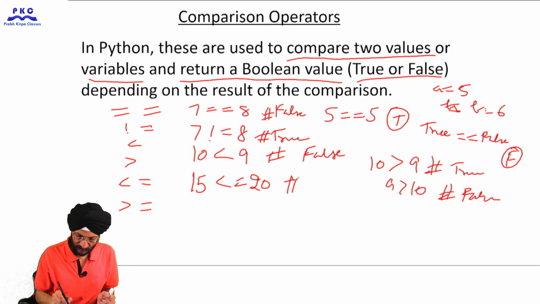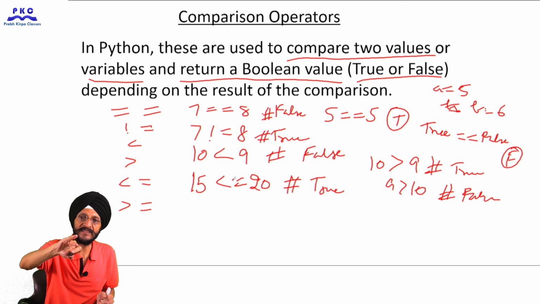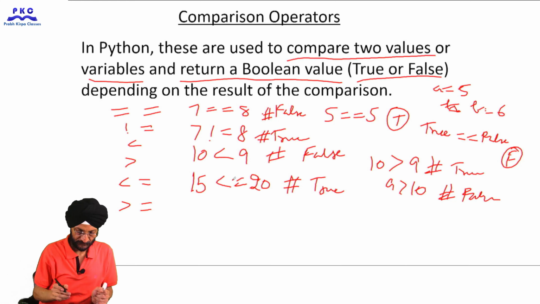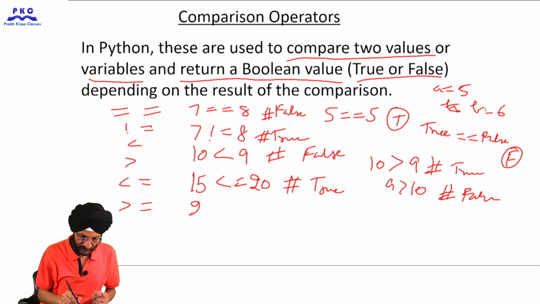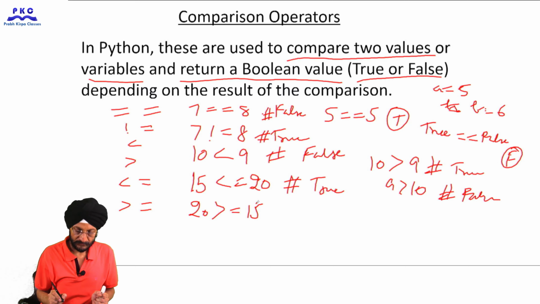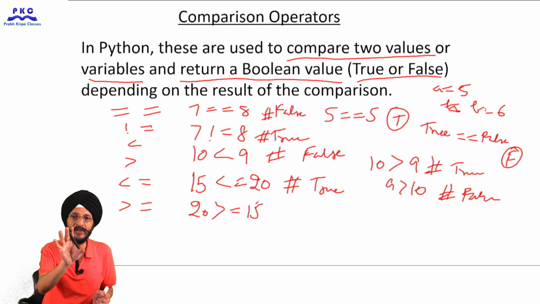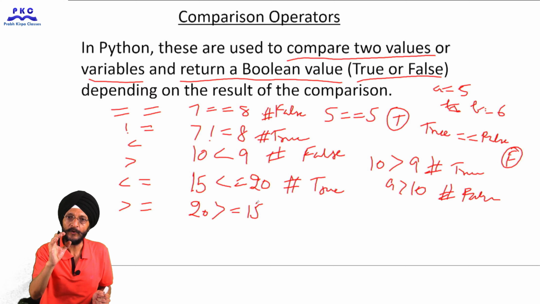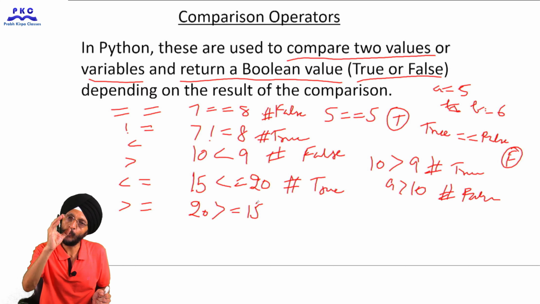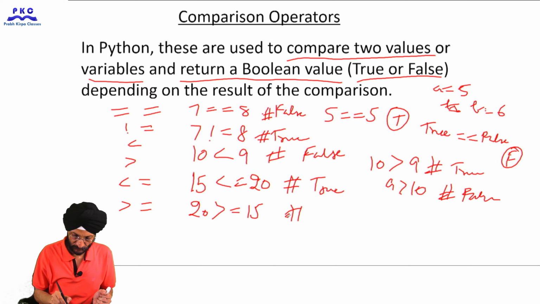So the result will be true because 15 is less than 20, either of the two conditions. If we say 20 is more than or equal to 15, either of the two conditions, 20 is more than 15, it is true.